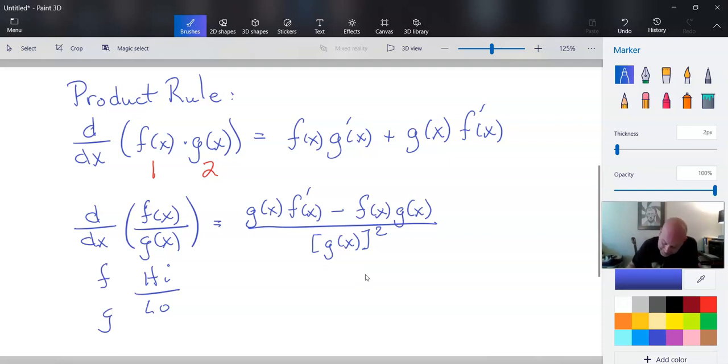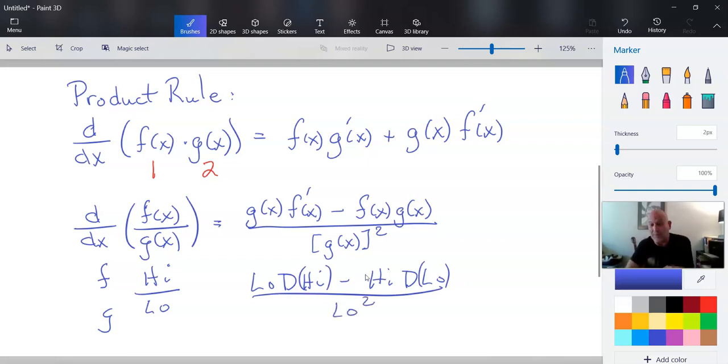The way I look at it is it's low d high minus high d low over the square of what's below. Right, that's how I remember it. It's low d high minus high d low over the square of what's below. Right, I feel like it's the beginning of a limerick or something, but I've never bothered to try to complete it.